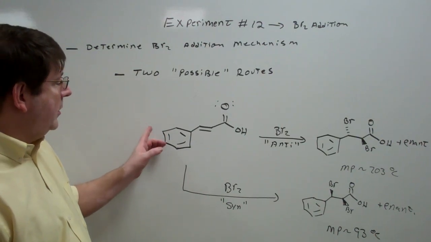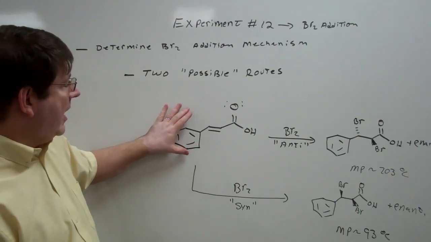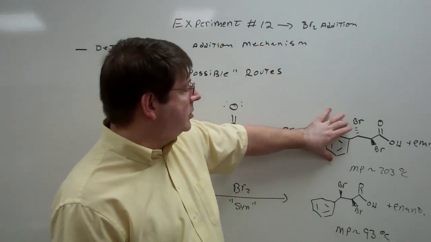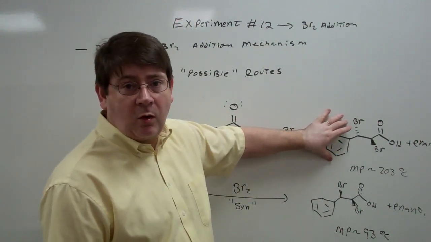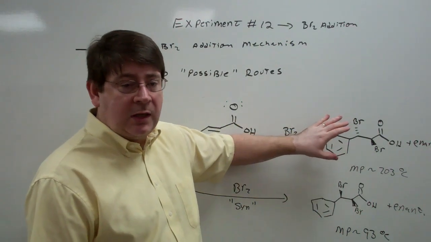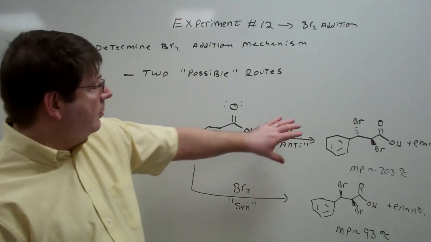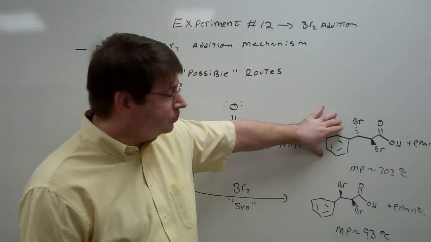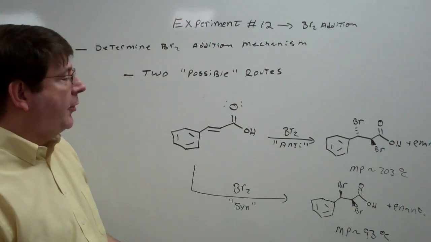The nice thing about this particular reaction is that trans-cinnamic acid is soluble in methylene chloride, but as the product forms, it precipitates out of methylene chloride. So the purification for this reaction is quite simple. You'll simply filter this, wash it to remove any excess bromine, and then thoroughly dry it.